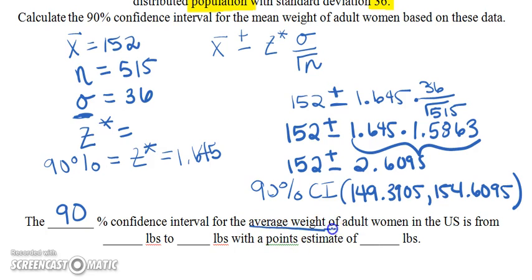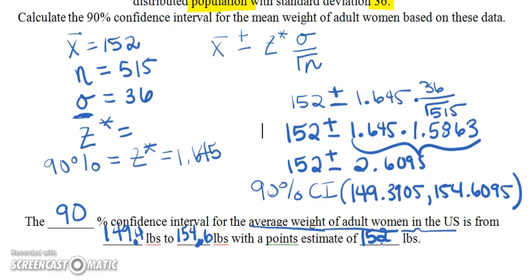So the average weight of adult women in the US, that's the population parameter that I am trying to estimate, is from 149, and I might round this to 149.4 pounds to 154.6 pounds, with a point estimate of my sample mean, 152 pounds.